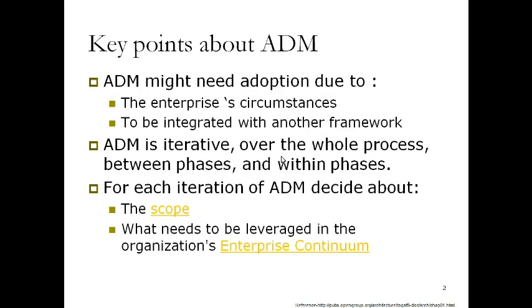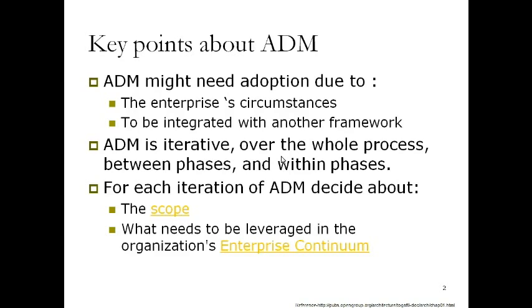Key points about ADM: ADM might need adoption due to enterprises' circumstances and to be integrated with other frameworks. This is what we explained before, that we can actually integrate ADM with other architectural frameworks such as Zachman and so on in order to take advantage of all capabilities of these tools.